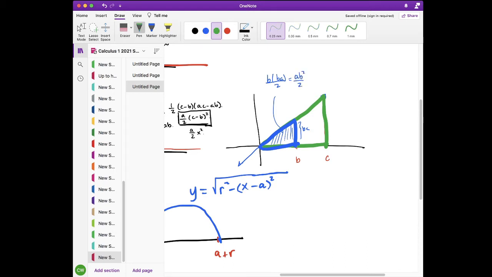So now let's do the bigger triangle. All we really need to know is this height. The base is C, and then what is the height? Similar thing, it's AC.